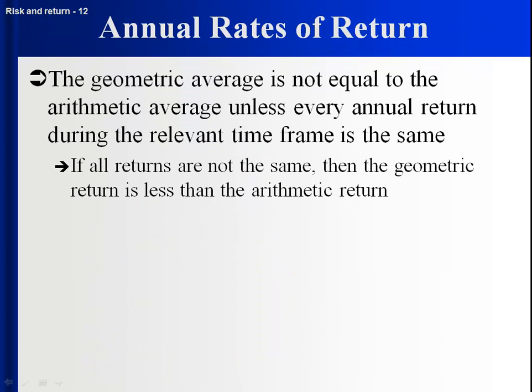So we have the two averages, the geometric and the arithmetic. They're not equal, except for one situation, and that is if the returns in every year are the same. So if we have 3 years and we have 10%, 10%, and 10%, well, the geometric average is 10% and the arithmetic average is 10%.